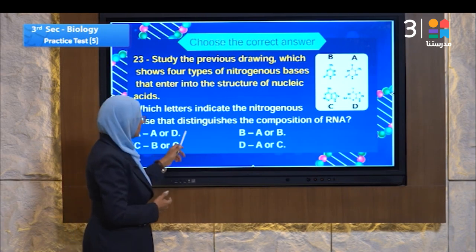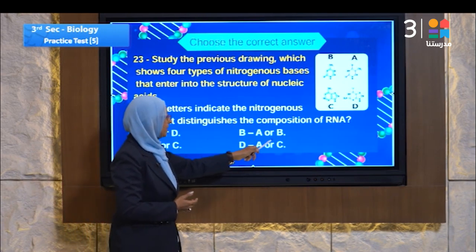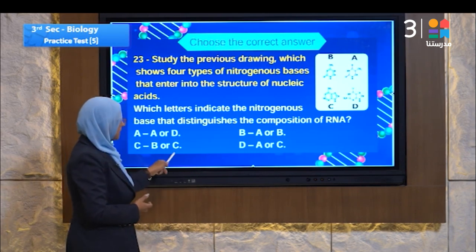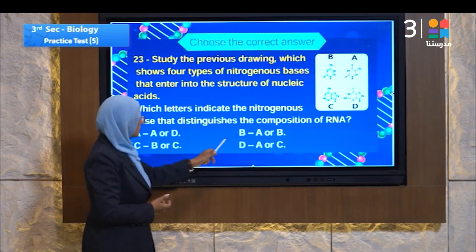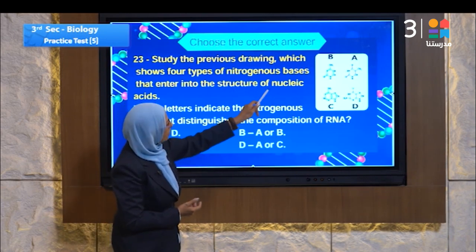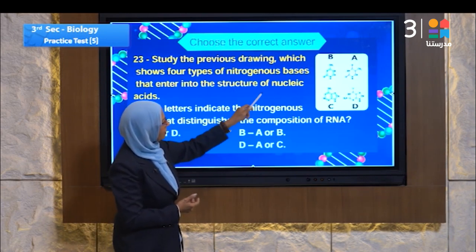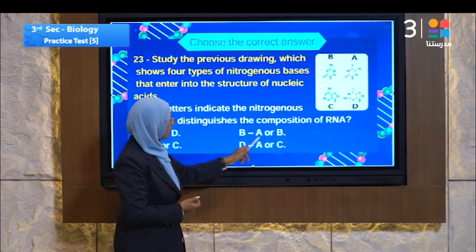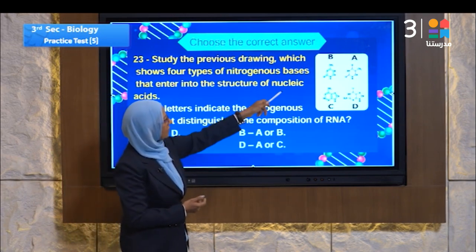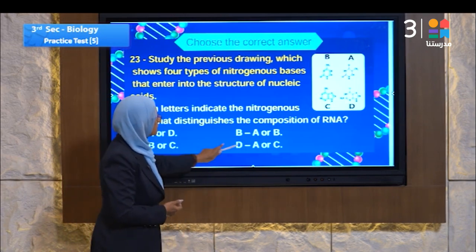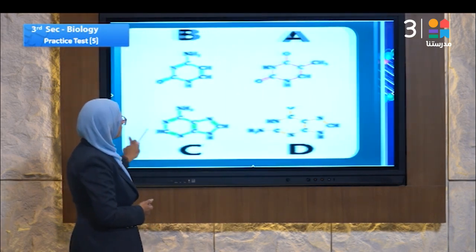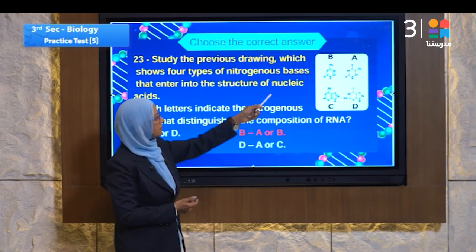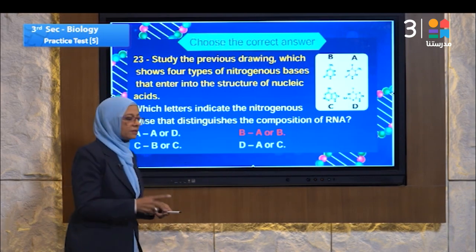A and D, no. A or B, yes. B or C, no, because one of them has 1 ring and the other has 2 rings. A or C, A has 1 ring and C has 2 rings. So the answer must be A or B, because it consists of only 1 ring.